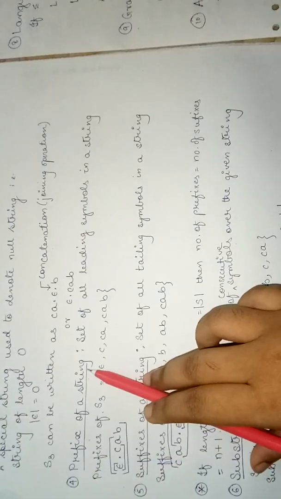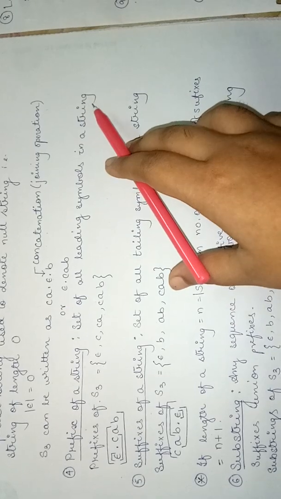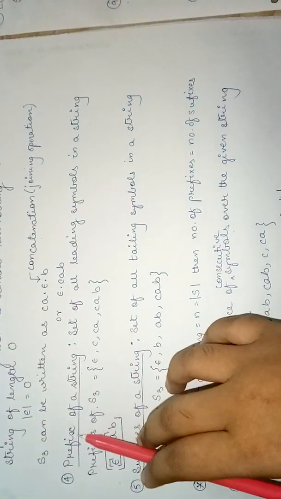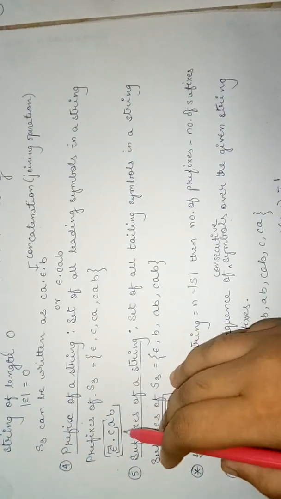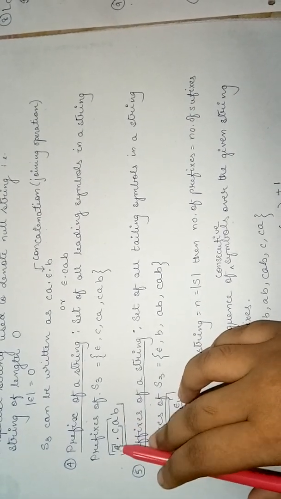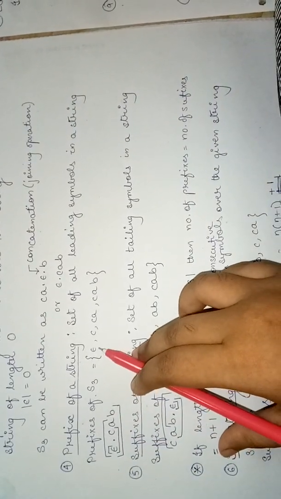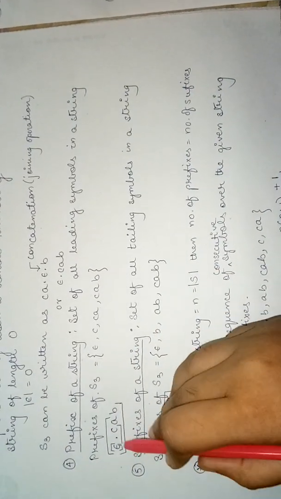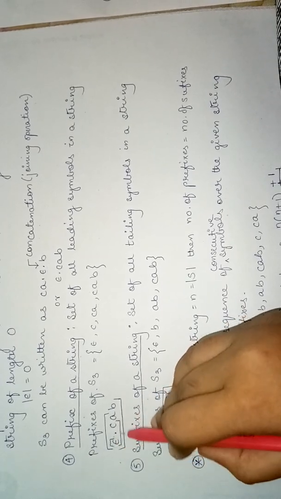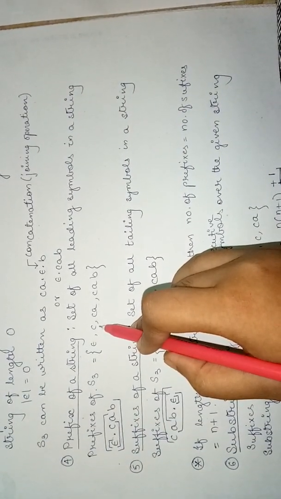Then comes the prefix of a string, the set of all leading symbols in a string. We know the meaning of prefix, means at the initial start. In CAB, at the initial we may have an epsilon, that is the 0 length string, therefore the prefixes are epsilon, then epsilon C, which is C, because epsilon is an empty string.